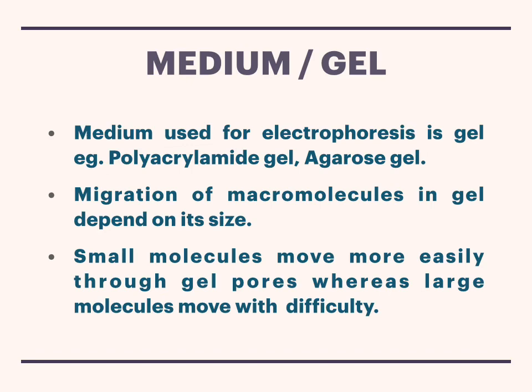The next important component of electrophoresis is the medium in which electrophoresis is taking place. It can either be a solution or a gel. For most experimental procedures, we use either a polyacrylamide gel or agarose gel. The migration of macromolecules in gel depends on its size.